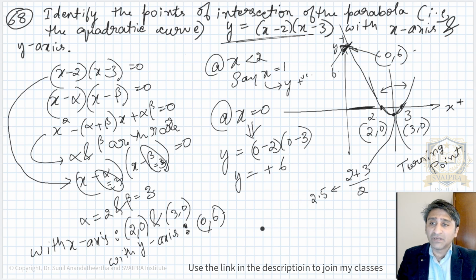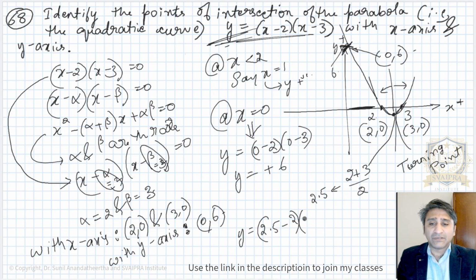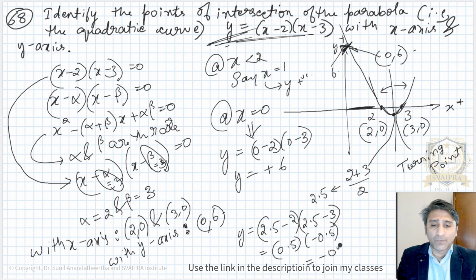Let me find that out by substituting into the original equation of the parabola. y is equal to (x minus 2) times (x minus 3), which is (2.5 minus 2) multiplied by (2.5 minus 3), which is 0.5 multiplied by minus 0.5, which is minus 0.25.